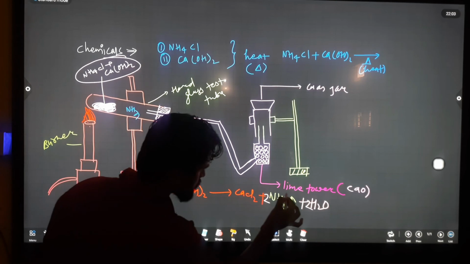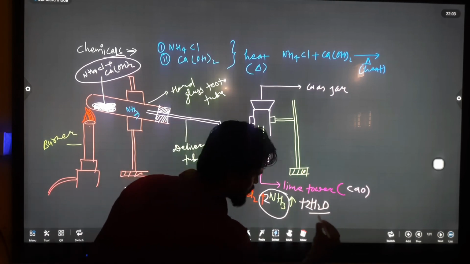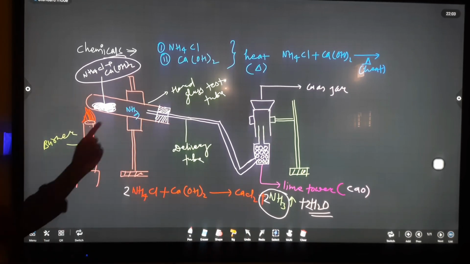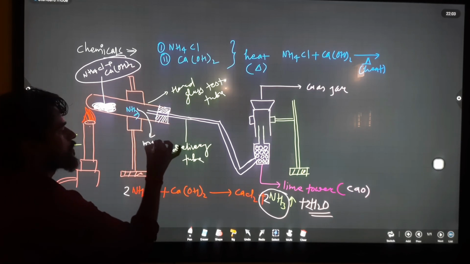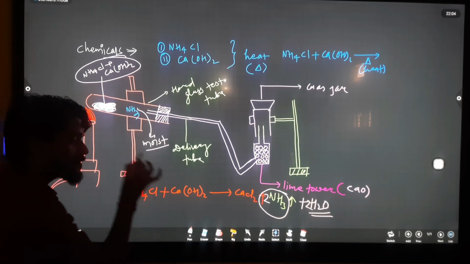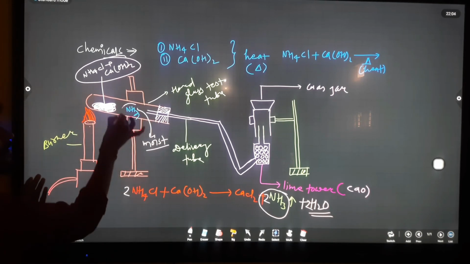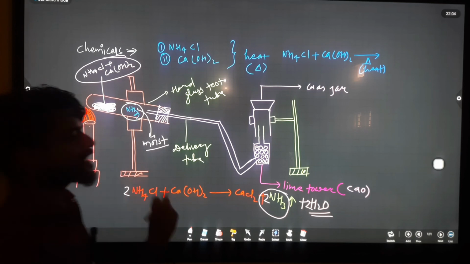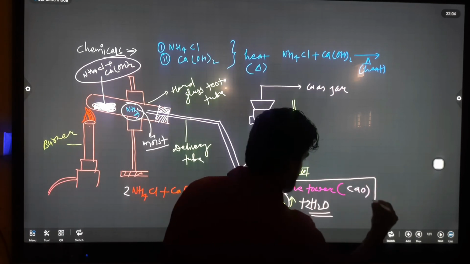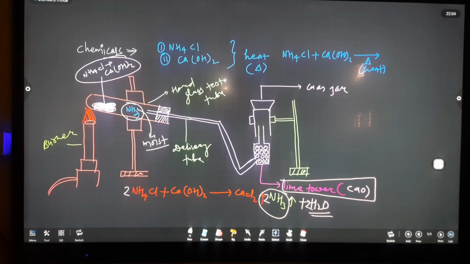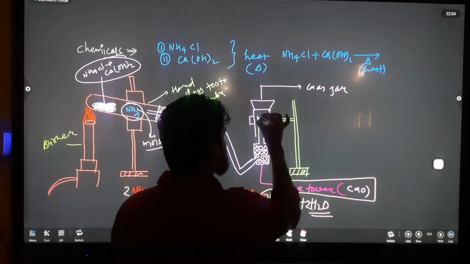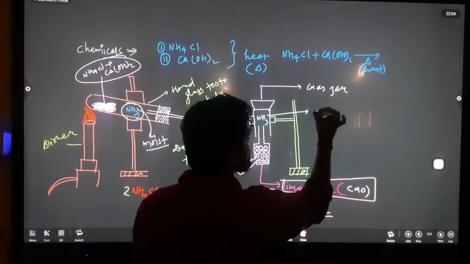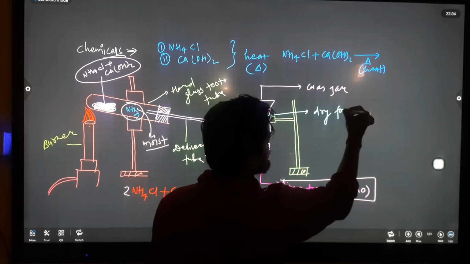Now look here. When ammonia is produced, water is also produced along with it. So this ammonia you will not get in dry form; it is in moist form. To absorb that moisture from the ammonia, the lime tower is used.